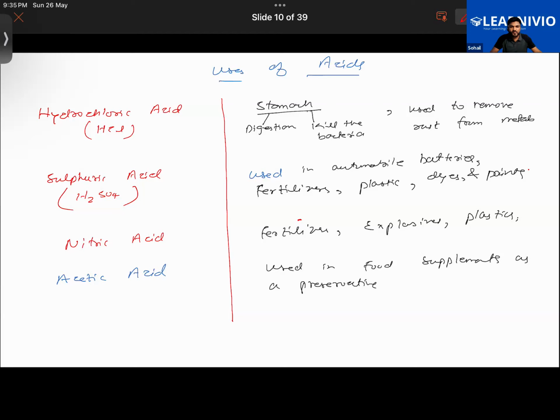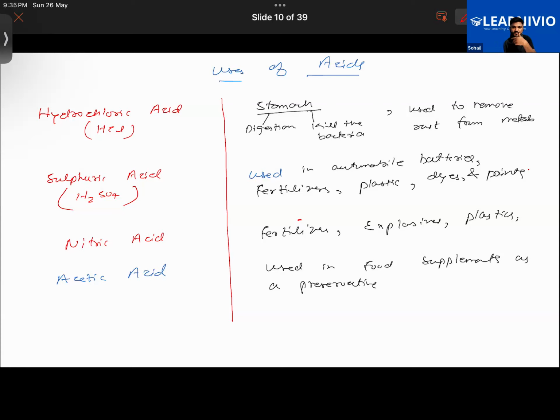Sir, weak acids are basically natural acids. Examples of them are lemon, which is a fruit. Citric acid is the example.